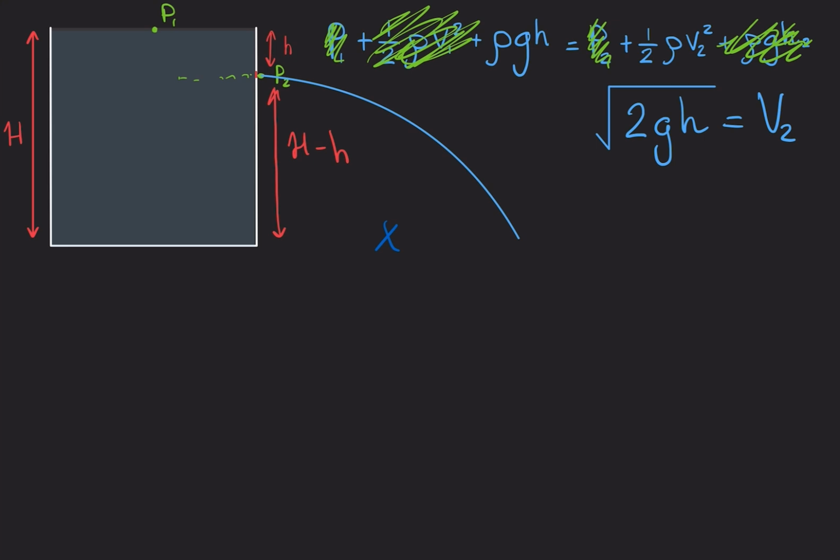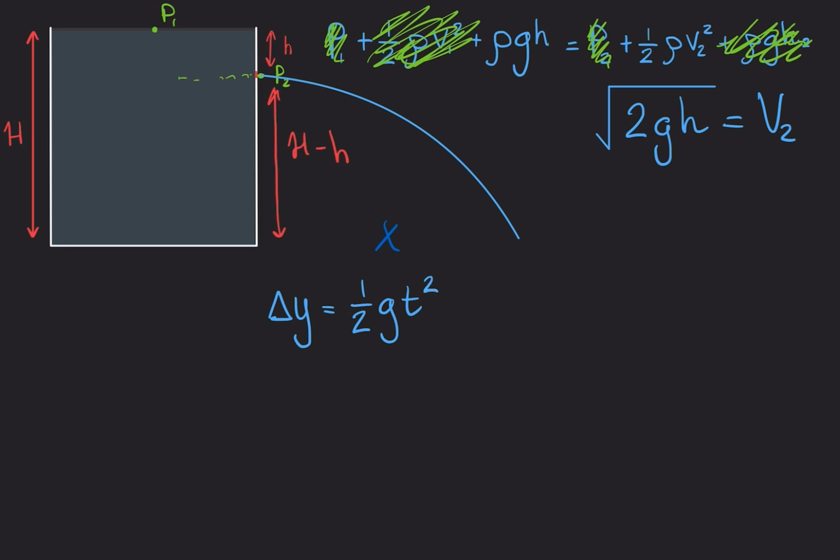And so what I'll do is I'll consider the change in y. In other words, what I'll say is my change in height is going to be equal to a half g t squared.